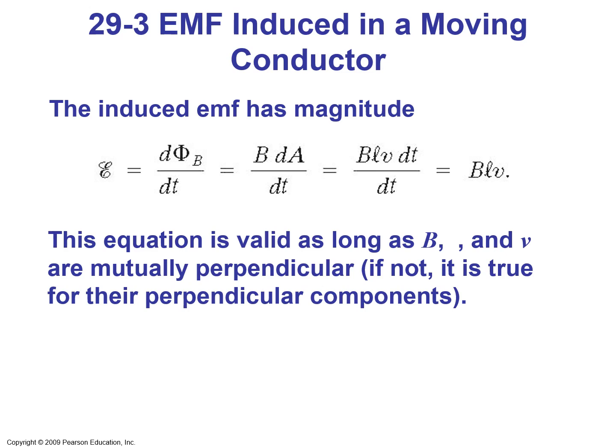It is equal to B times L V dt over dt, and the dt's will cancel out, and we end up with B times L times V as the EMF induced. This equation is valid as long as B, current I, and V velocity are mutually perpendicular. If not, it is true for their perpendicular components.